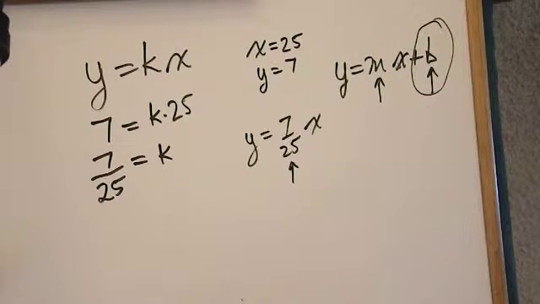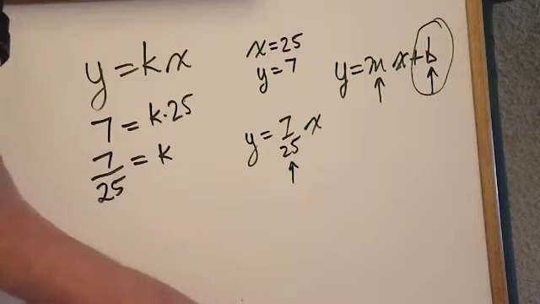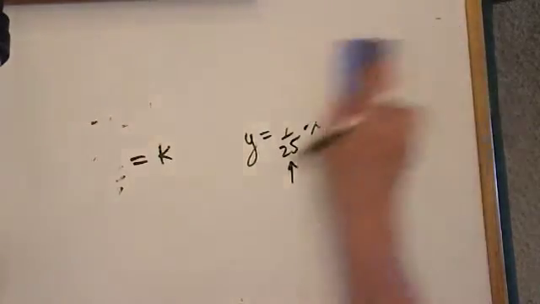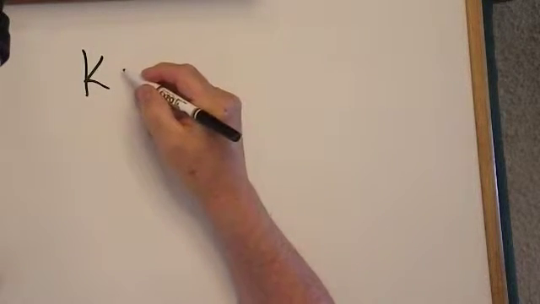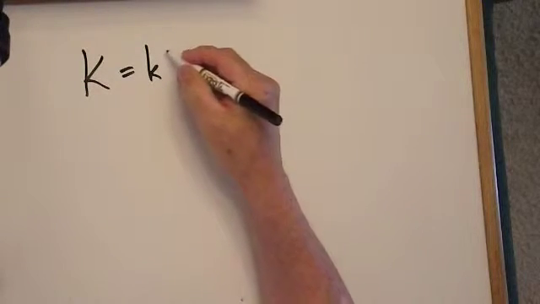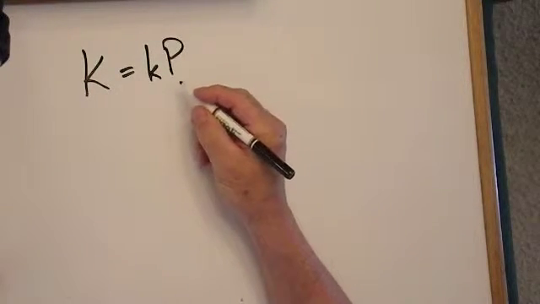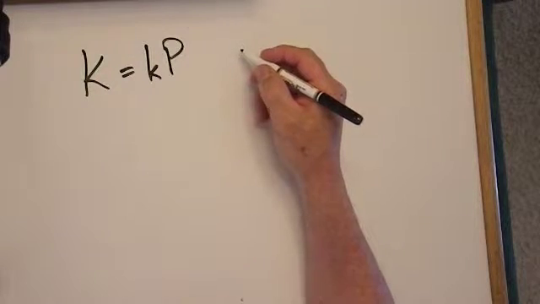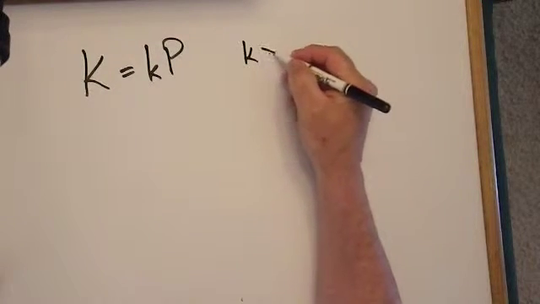We're going to familiarize ourselves with the problem and translate it. The problem states that we have direct variation between the variables K and P, so it's going to be an equation of the form K equals small k times P, where small k is some number greater than 0.